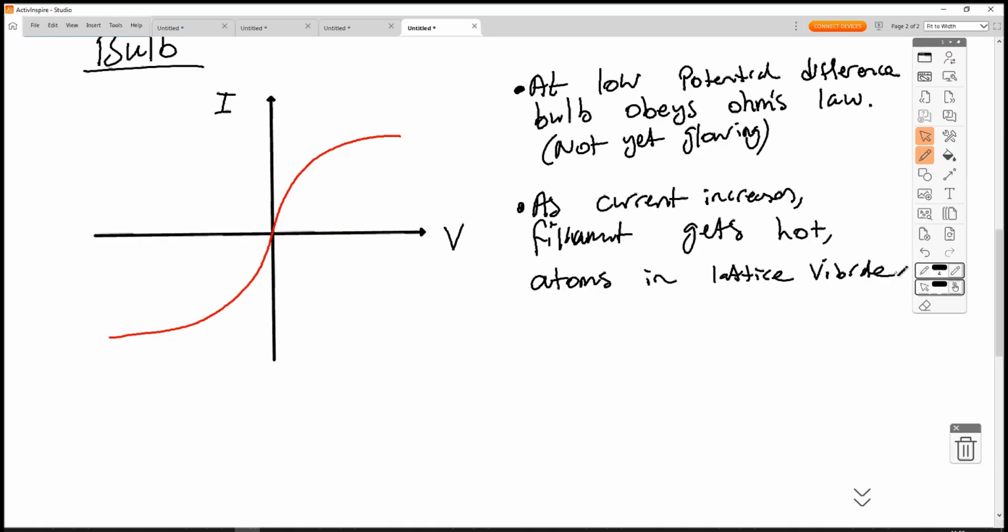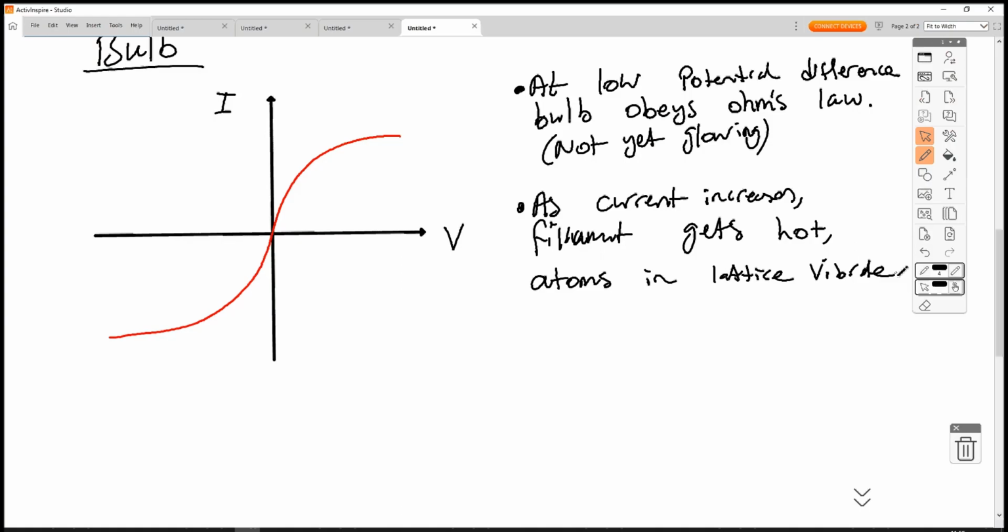Now we have to be careful here. When we talk about vibrations, are we talking about how fast they're vibrating or how far apart they're moving from each other? In this case, we're talking about how far apart they're moving from each other, because the lattice is always vibrating anyway. The atoms in the lattice are always vibrating. But now they're vibrating with a bigger amplitude, so they're moving more.